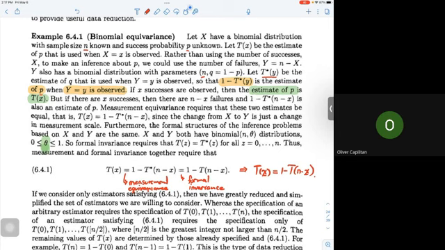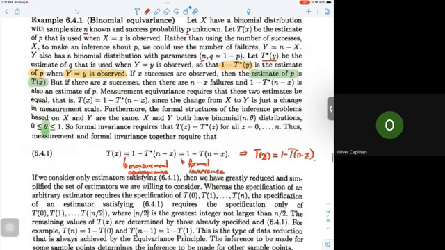So the question now, how does the equivariance principle apply as a data reduction for this given problem?